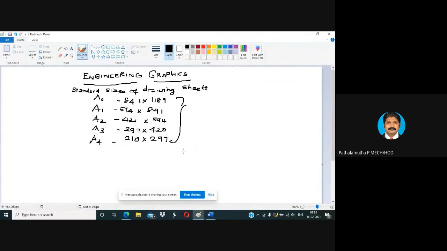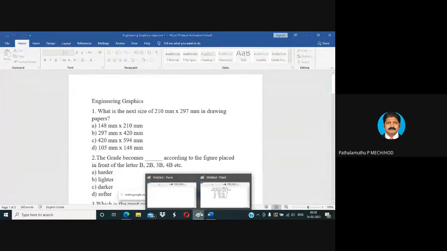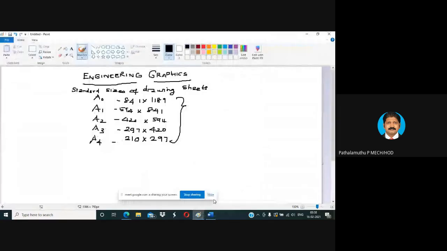In the first question, the next size of 210 mm into 297 mm: the given size is A4. So the next size is A3, 297 into 420.